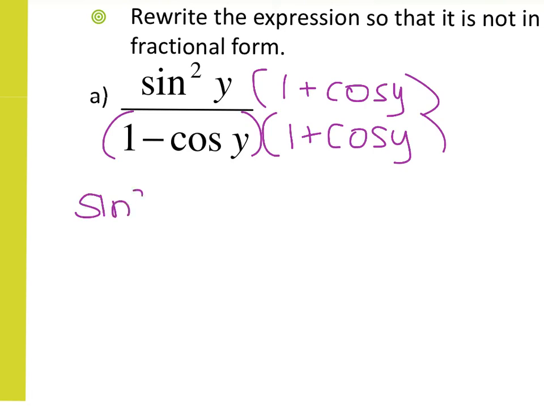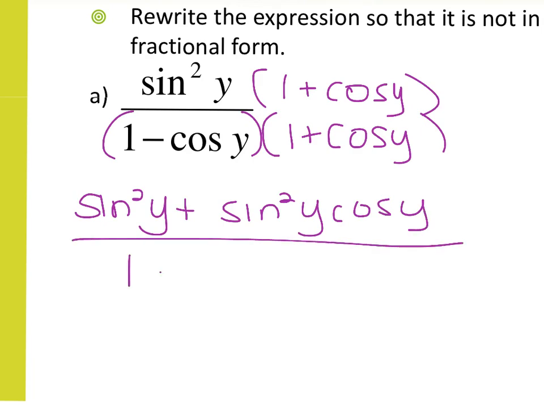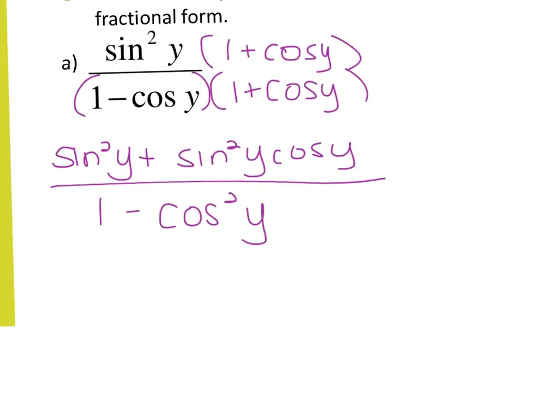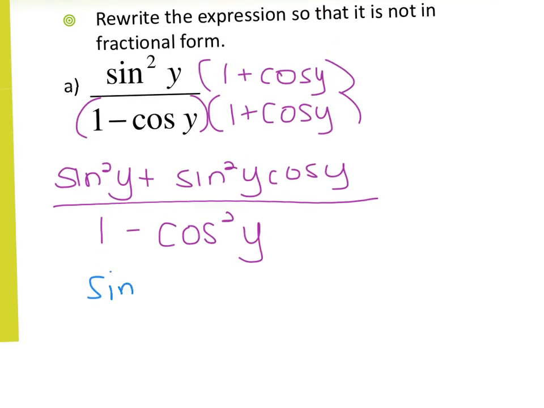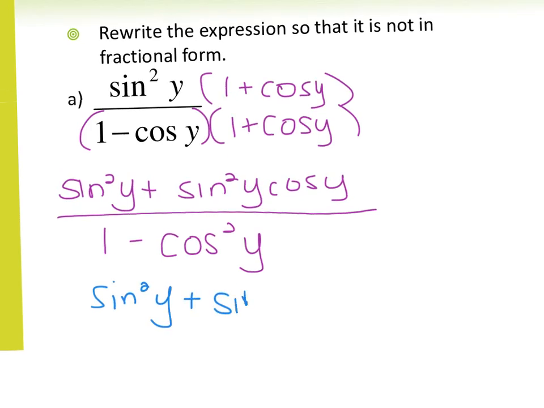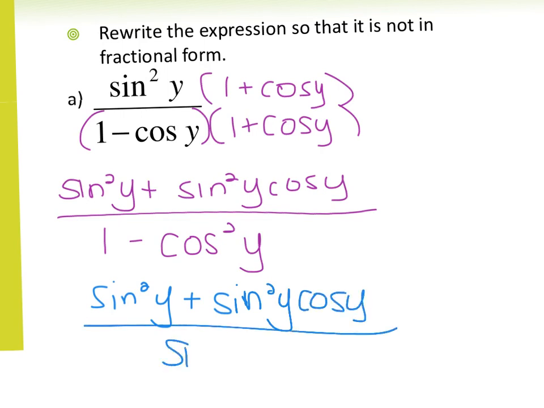Sine squared plus sine squared times cosine over 1 minus cosine squared, right? Okay, then what? And then I simplified the denominator into just sine squared y. Okay, so sine squared y plus sine. And I would put sine squared y over each item individually. Okay, then split it.